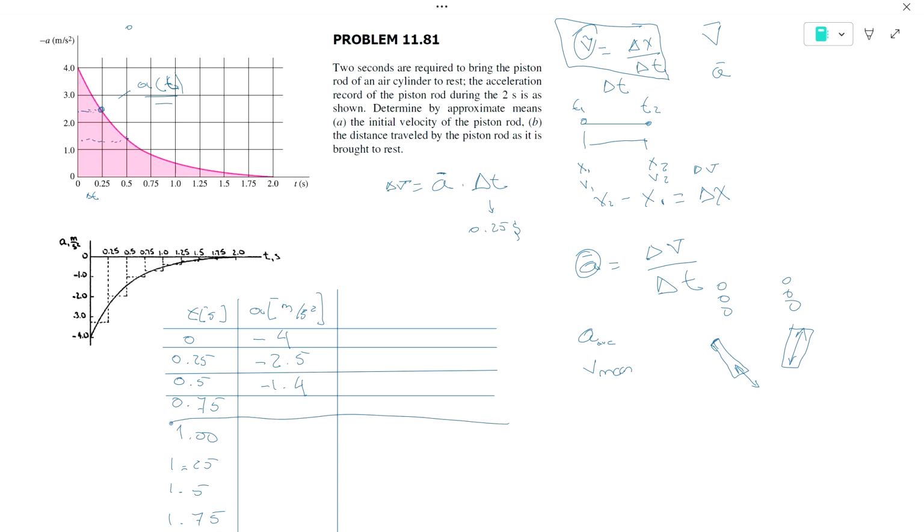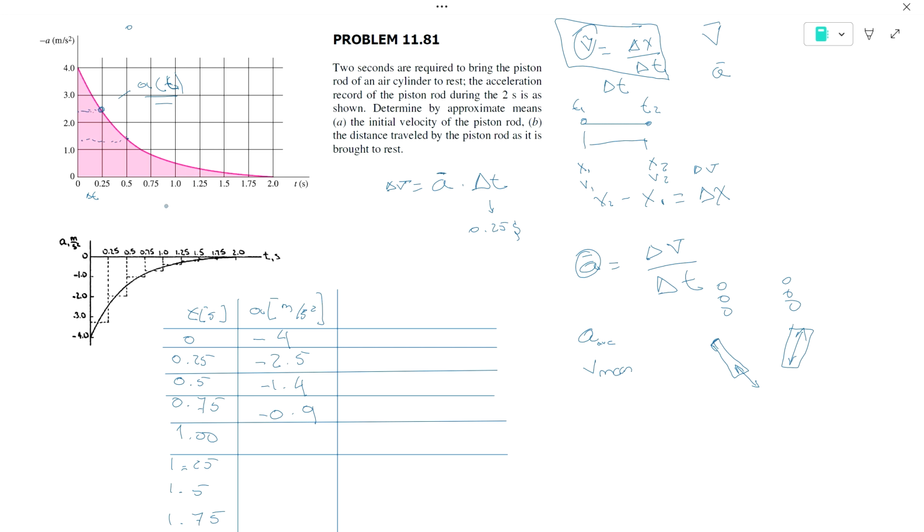At 0.75, we have, what is that, 0.9? Can we say negative 0.9? All right. Of course, if we have the measurements, then we know exactly what it is. But for now, we're just trying to retrieve this from the curve.